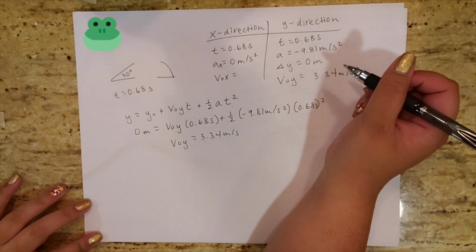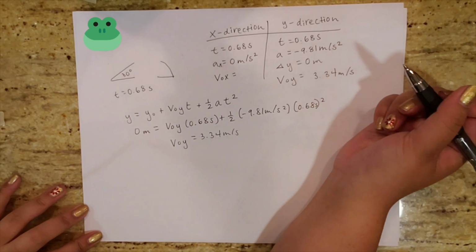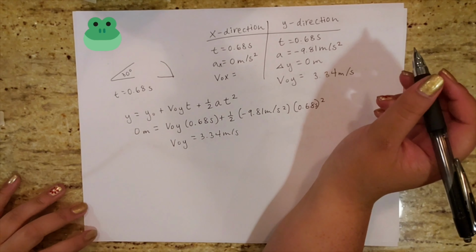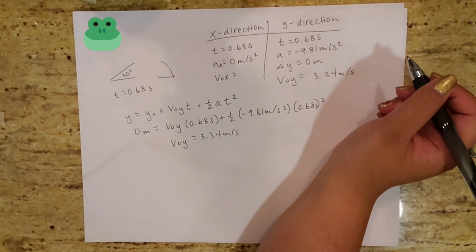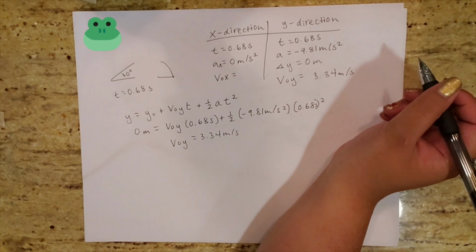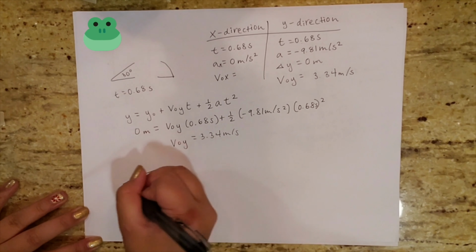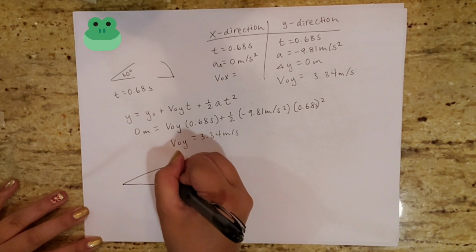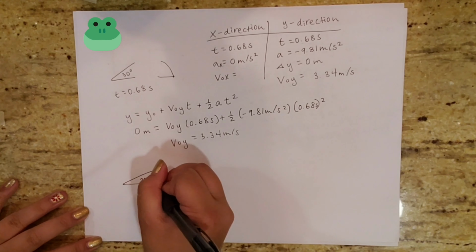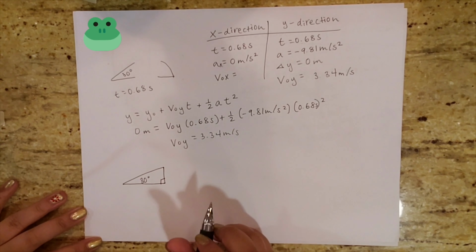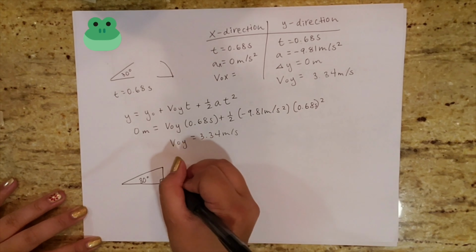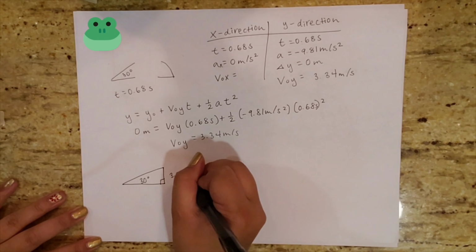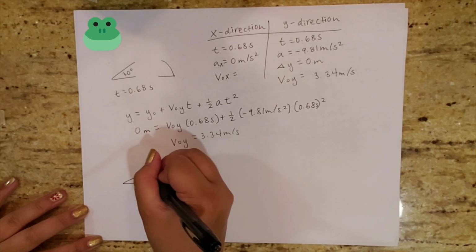Using this, we can figure out the overall initial velocity and the initial velocity in the x direction. How can we do this? By using trig. So, we know the angle that the frog jumped at is 30 degrees. And the initial velocity in the y direction is 3.34 meters per second.